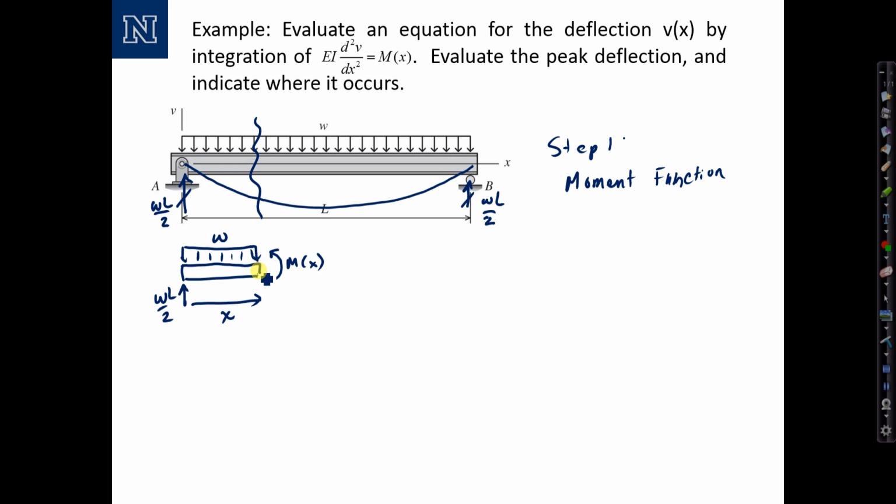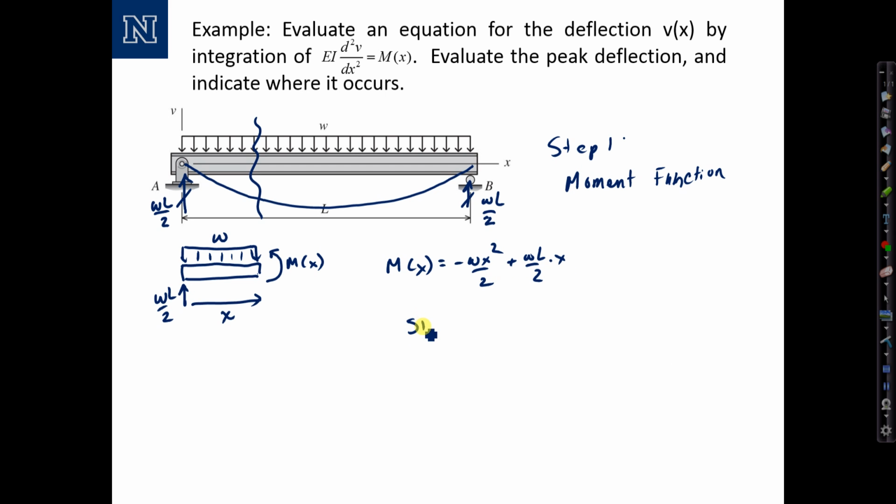By summing the moments at point x, I can easily find that M of x equals negative wx squared over 2 plus wL over 2 times x, which is the contribution from the reaction.